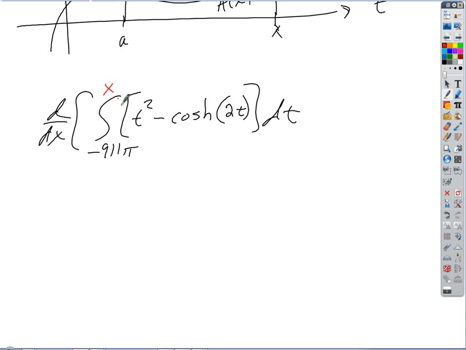This is not a good example, but it's equal to, not x, it equals x squared minus the hyperbolic cosine of 2x.